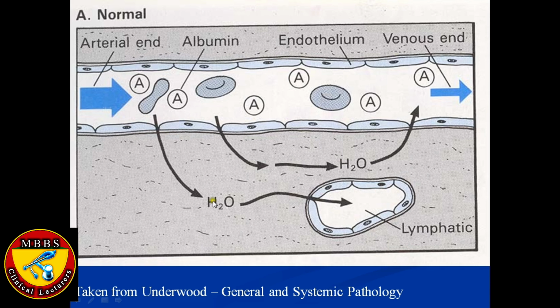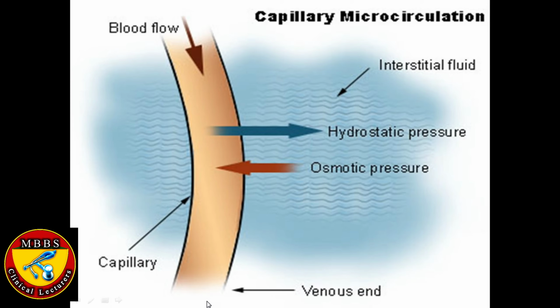The little bit which is left behind is drained by the lymphatics, and via these lymphatics it is carried back to the blood vessels through the thoracic duct.